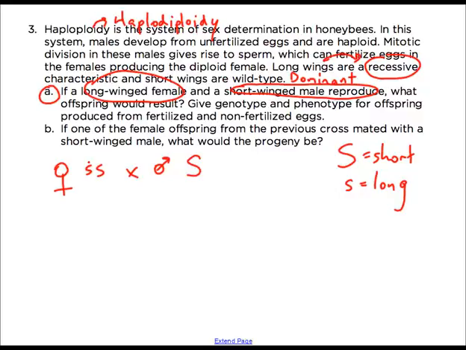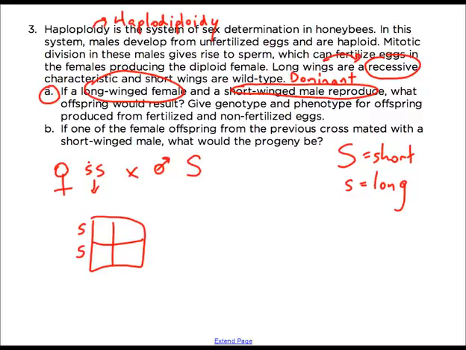So if we go to do a Punnett square about this, we're going to have a couple of situations. The female makes a gamete via meiosis in the traditional way, so she can have little s or little s, basically.